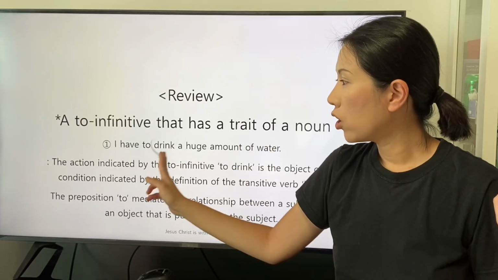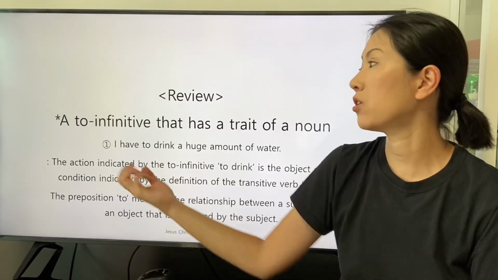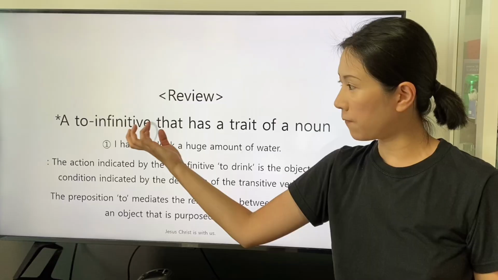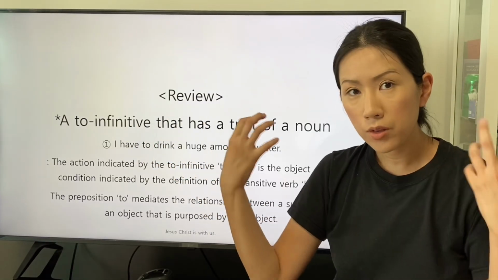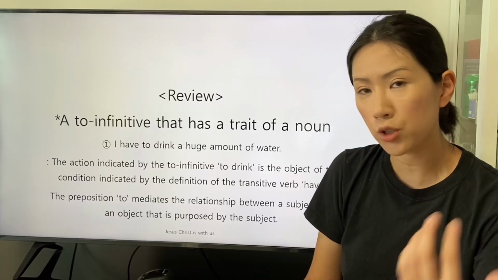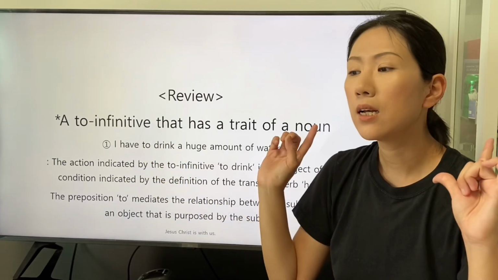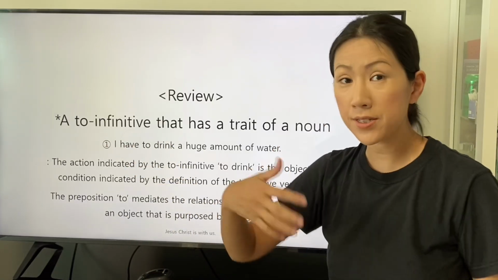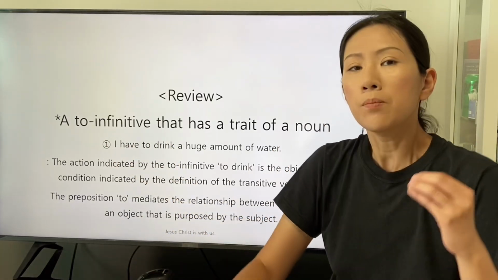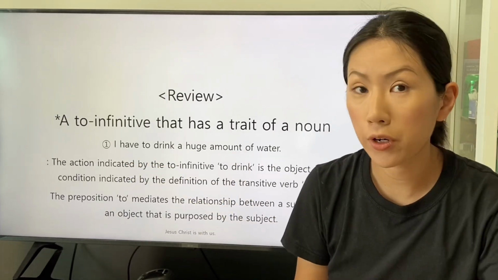The root infinitive drink is applied as an object of the preposition to. The phrase of the preposition to with the root infinitive drink indicates an object of the transitive verb have. I have to drink a huge amount of water.